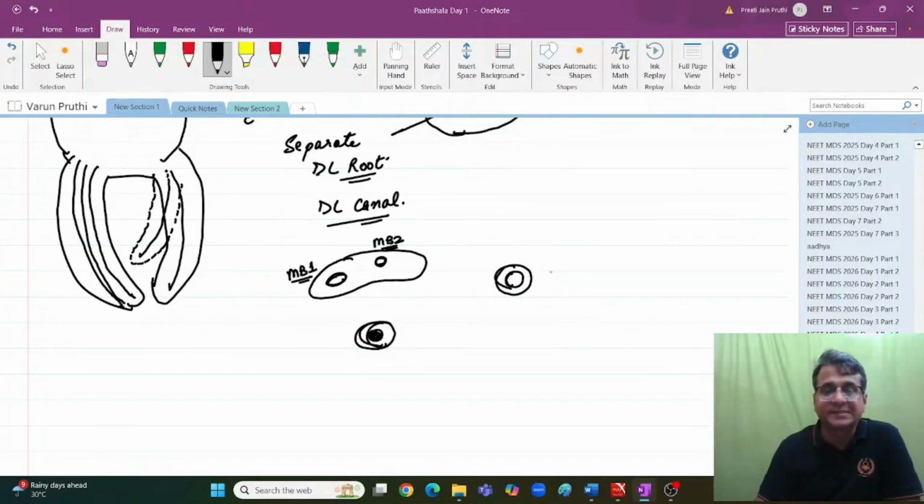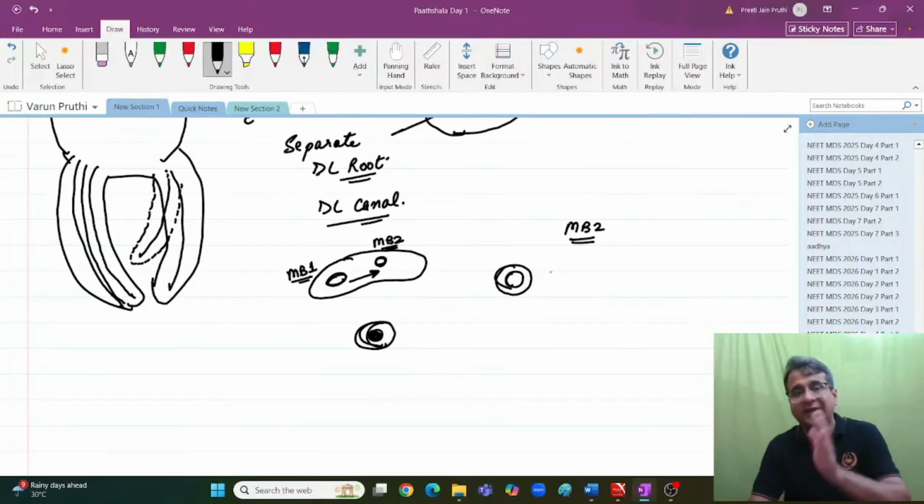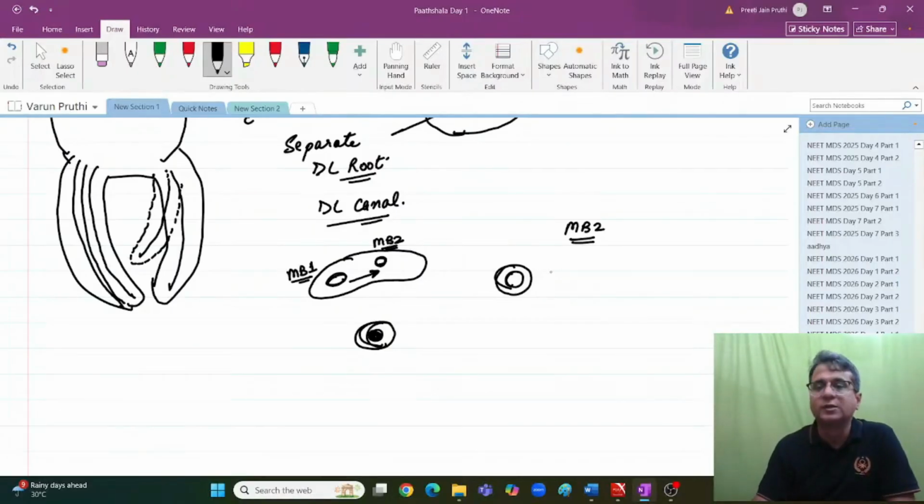Remember students, MB2 in relation to MB1 will be mesiopalatal. Remember.